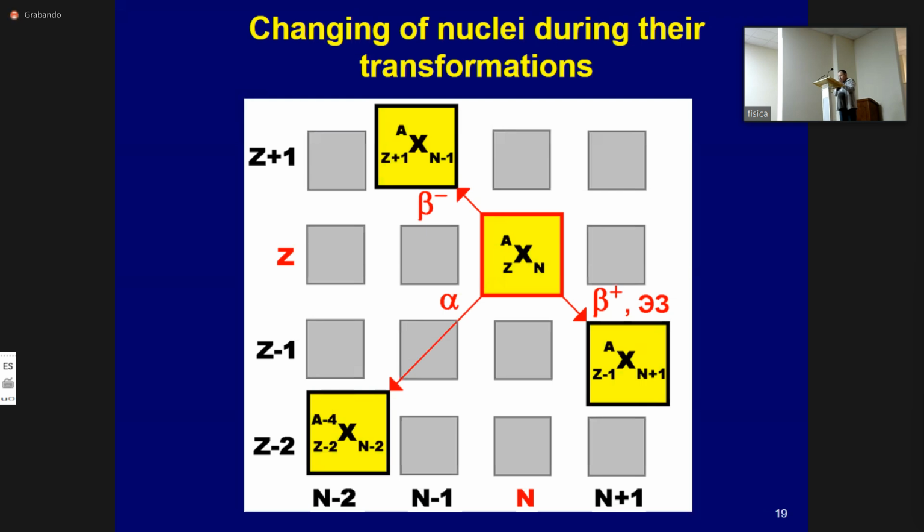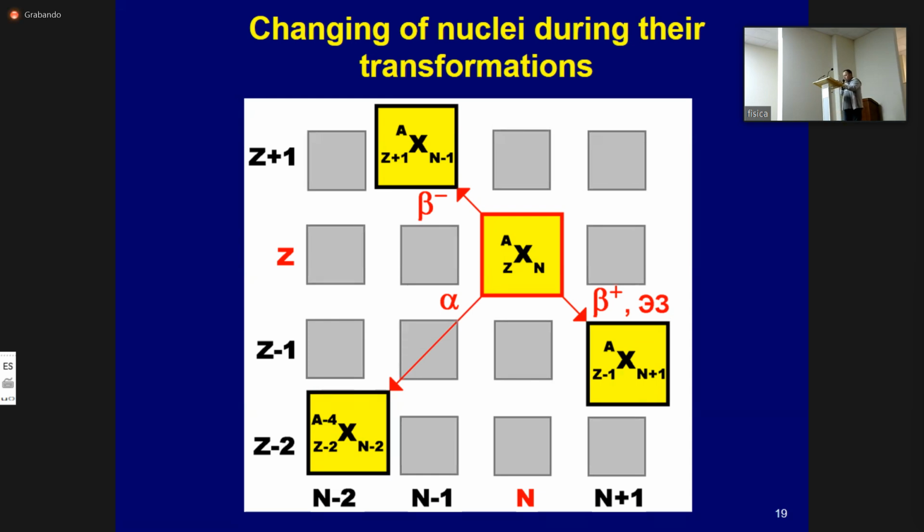Nuclear transformation results in the movement of the nucleus from one cell far from the region of stability towards a cell located closer to this region. For nuclides rich in neutrons, the most probable transformation is beta minus decay, when the converted nucleus moves one step up and one step to the left in the table.